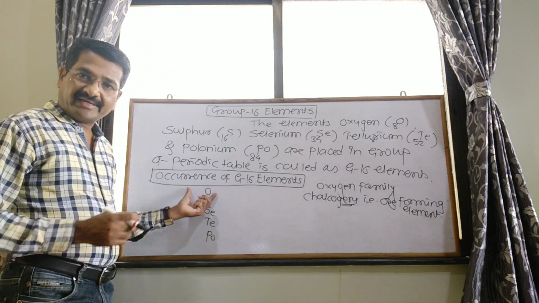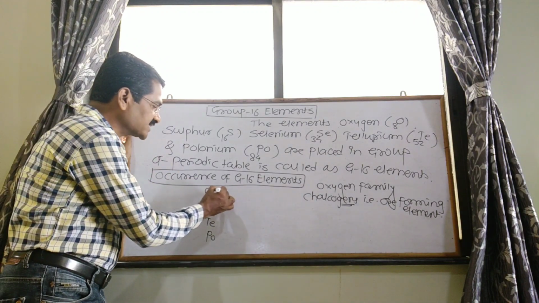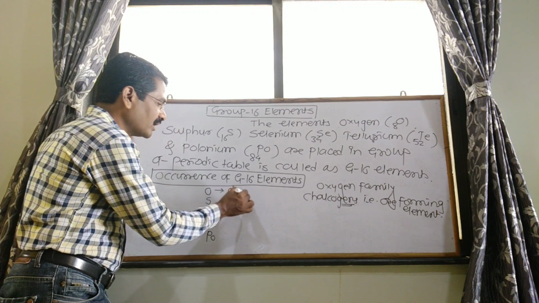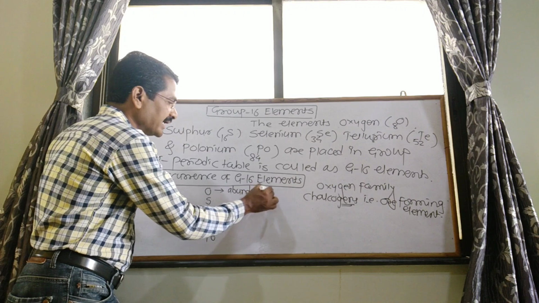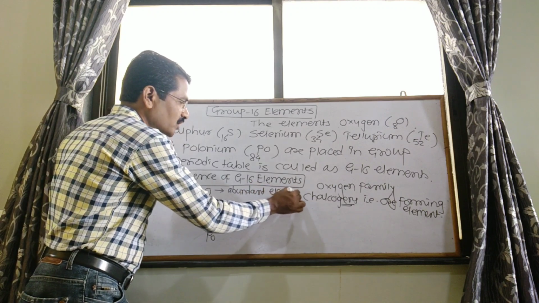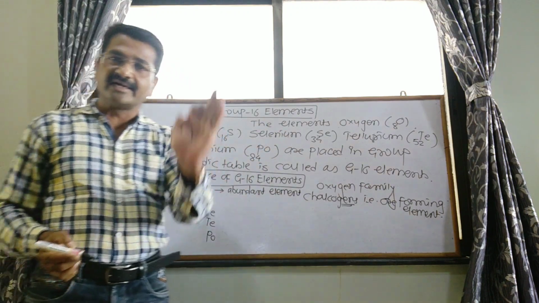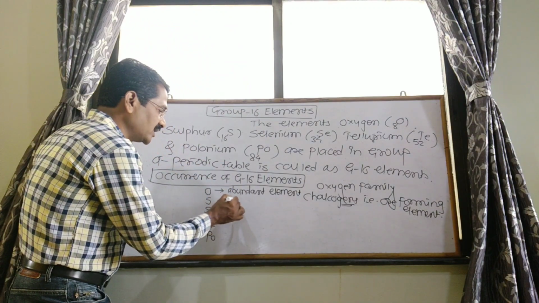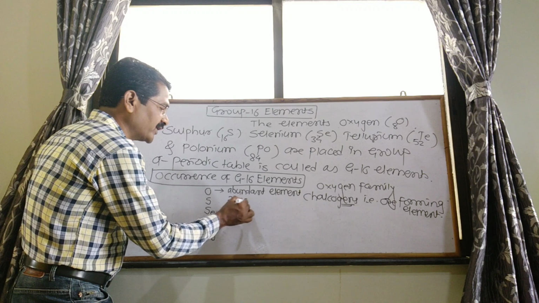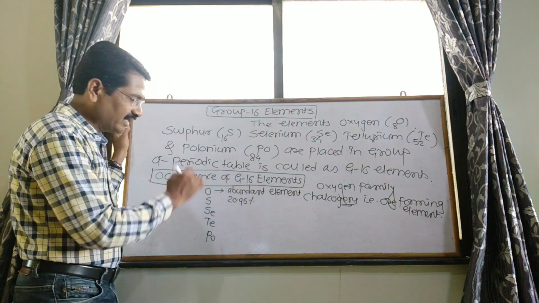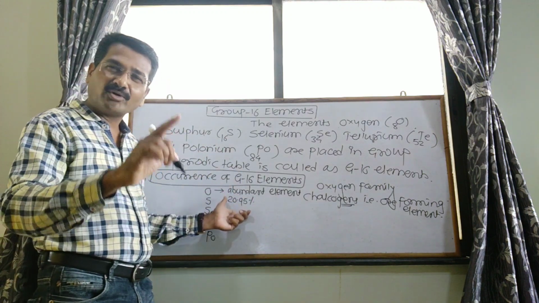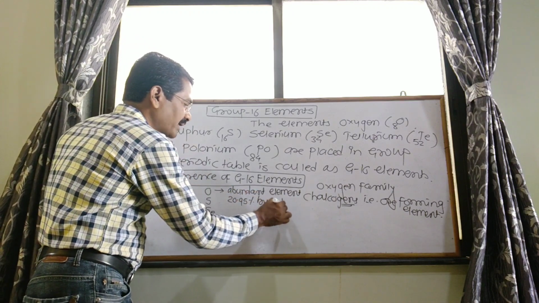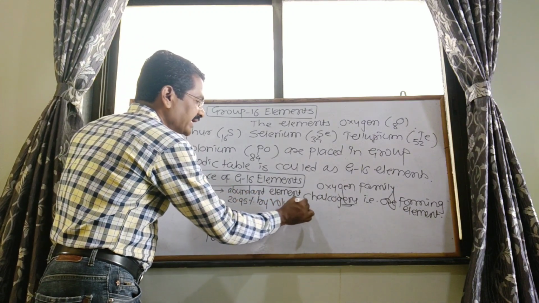In group 16 elements, oxygen is the abundant element, which occurs at 20.95%, nearly 21% by volume in air.